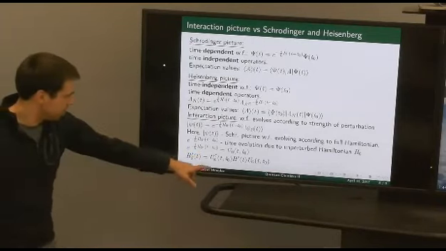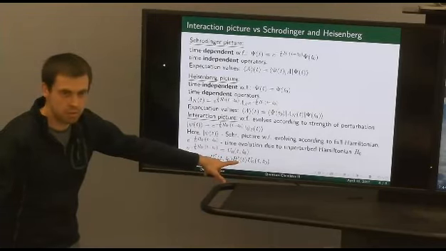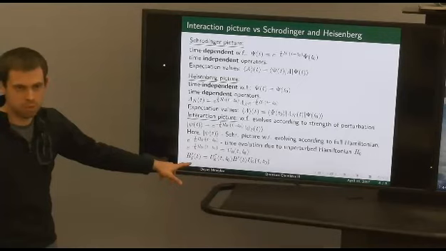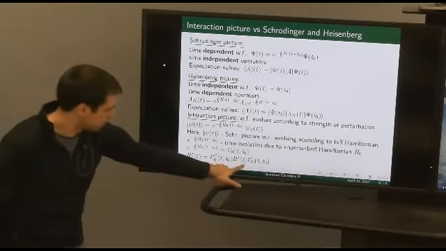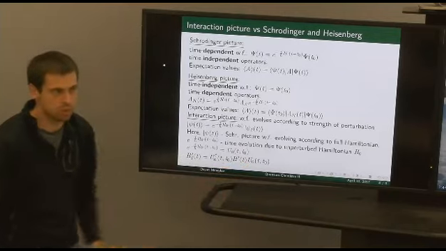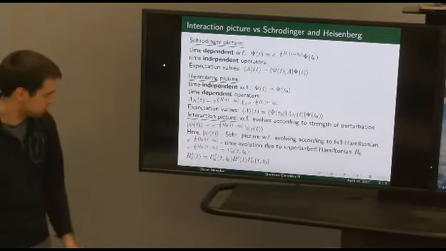So any operator, any perturbation, time-dependent perturbation, can be expressed in terms of the interaction picture perturbation, once this interaction picture time evolution operator is introduced.